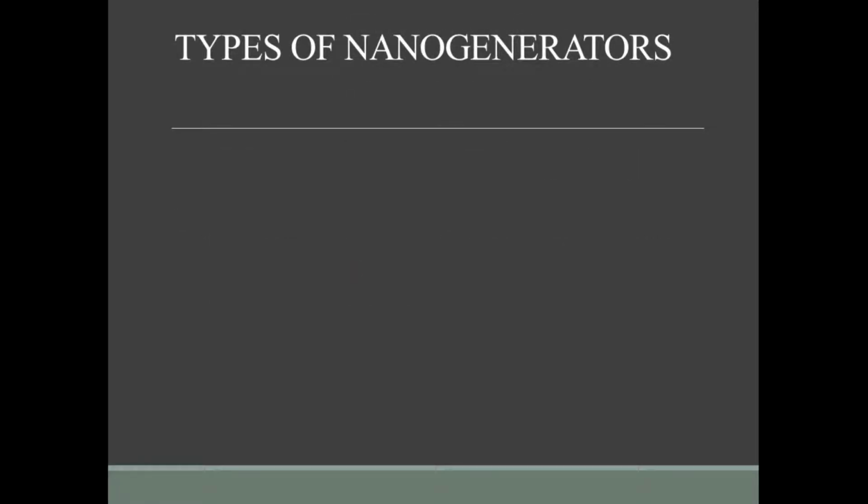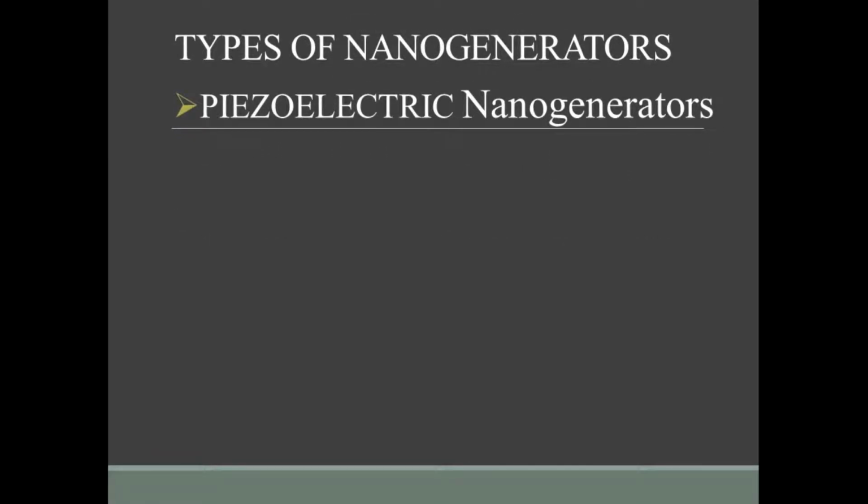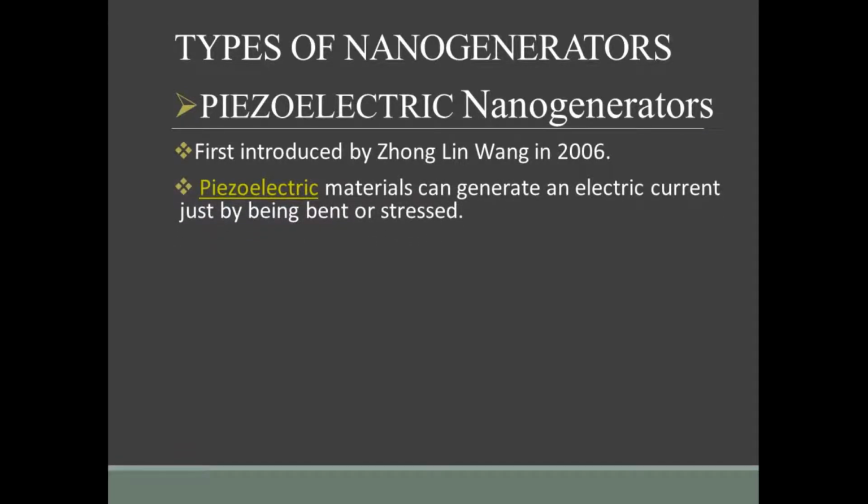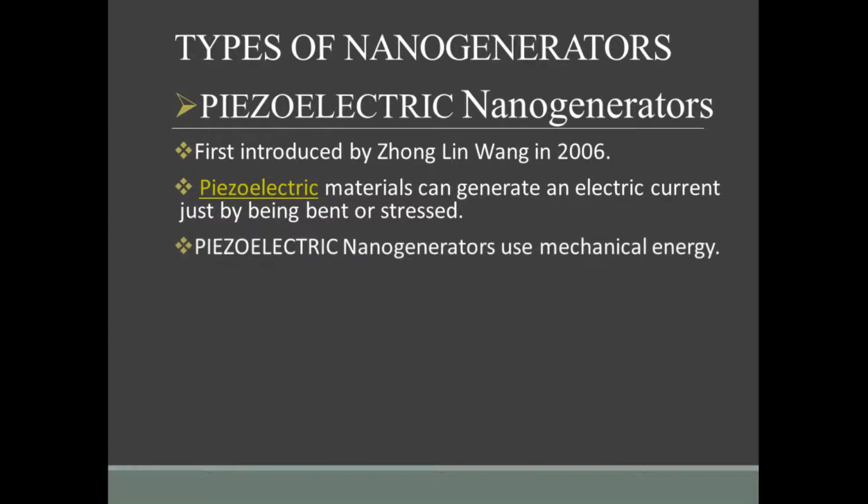The first type is piezoelectric nanogenerators. The piezoelectric nanogenerator was first introduced by Zhong Ling Wang in 2006, and piezoelectric materials can generate an electric current just by being bent or stressed. Most importantly, they don't need a physical movement as our generators and motors do. These nanogenerators don't have any moving part inside.